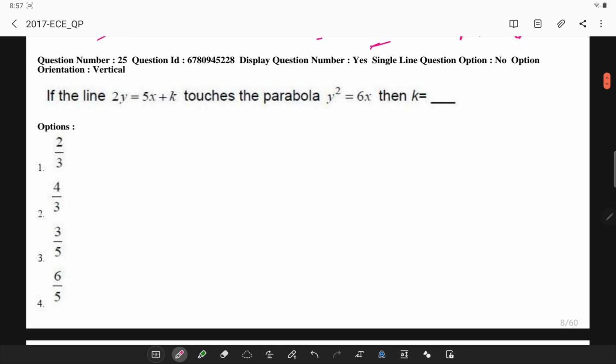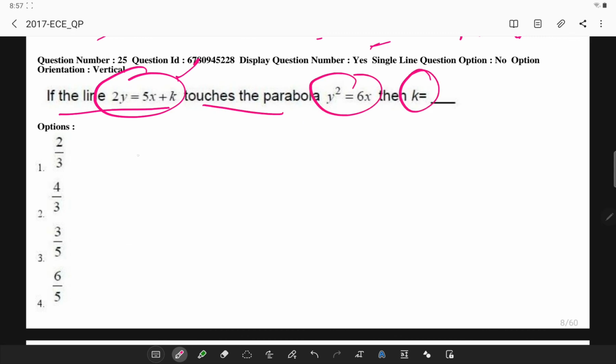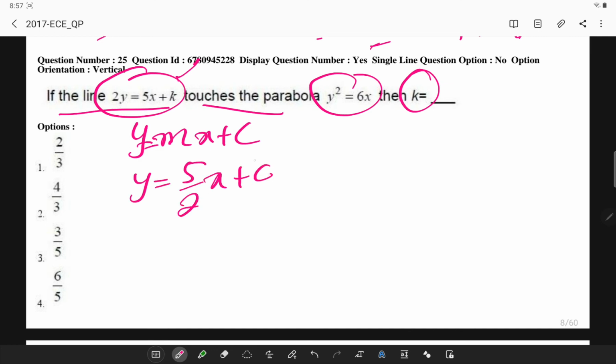Next, the line 2y is equal to 5x plus k touches a parabola. Now what is the value of k? Here I have to write this in y is equal to mx plus c form. So y is 5 by 2 x plus k by 2.